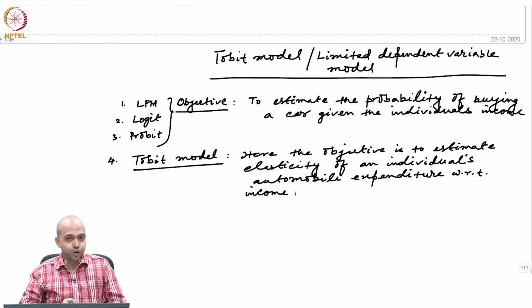So, we do not have information on the dependent variable for all the individuals, rather we have limited information on automobile expenditure only for those households who have a car. That is why this model is known as the limited dependent variable model.